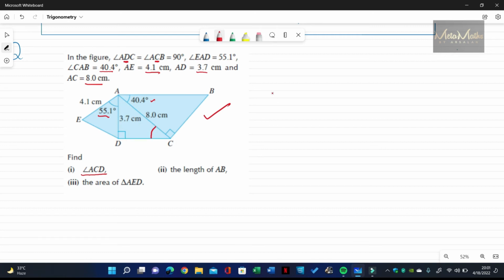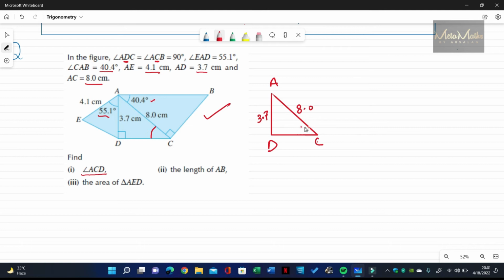If I make a separate diagram for ADC, I have taken this triangle out with labels A, and D, and C. You have the lengths given. This side is 3.7 and this side is 8.0. You can see on the diagram AC is 8.0.